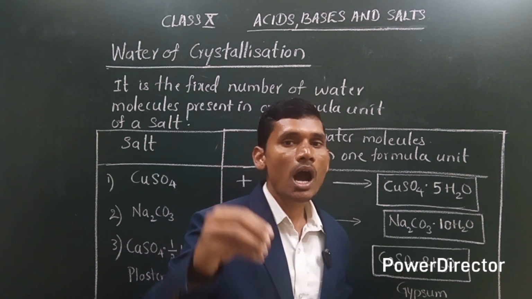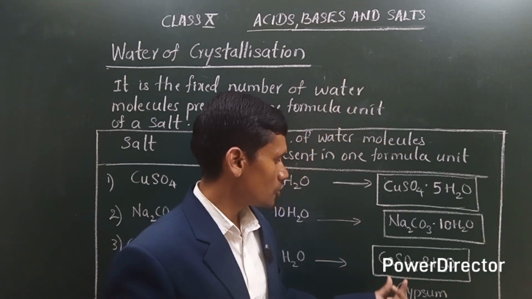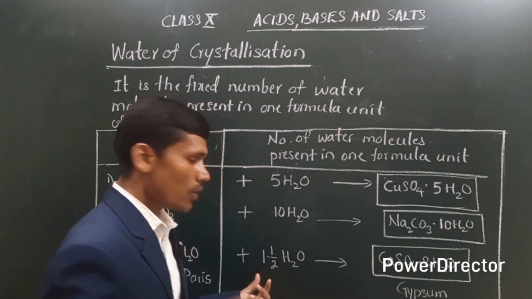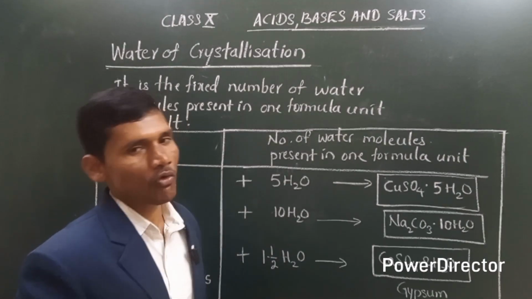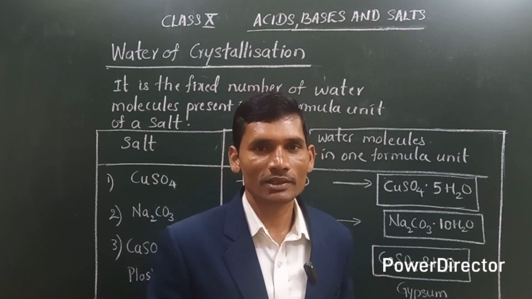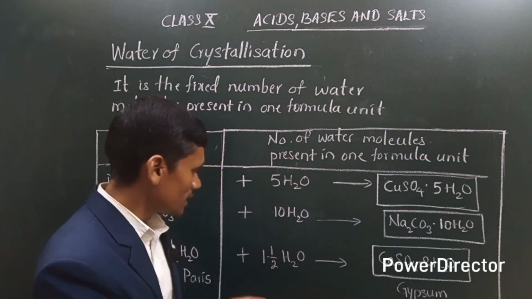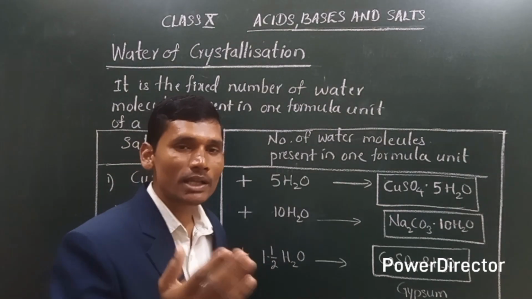Gypsum is what? Hard solid substance it is. Hard solid mass it becomes. So when it changes, then it becomes like a solid one. Here, one doubt may arise. Is it possible to share 1.5 molecules of water? It is not possible. Then what to do? Here we show that 1.5 water molecules are given to that, but it is not taking half a water molecule.